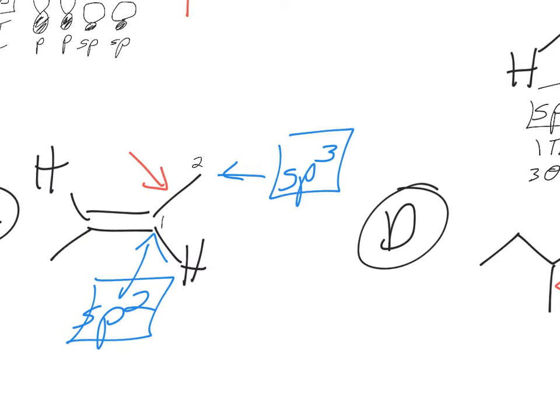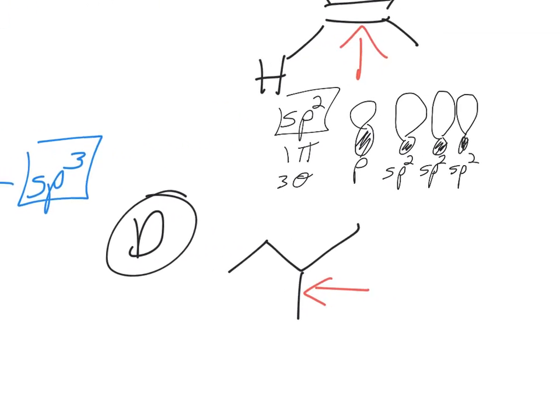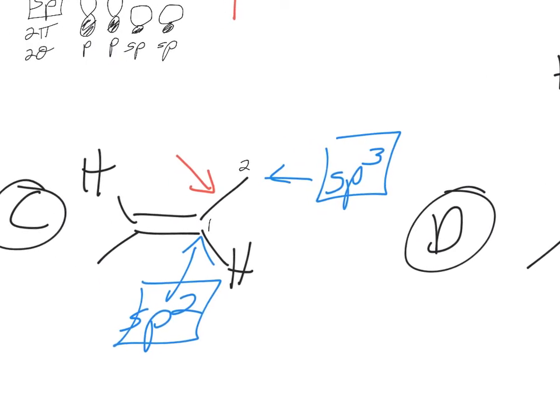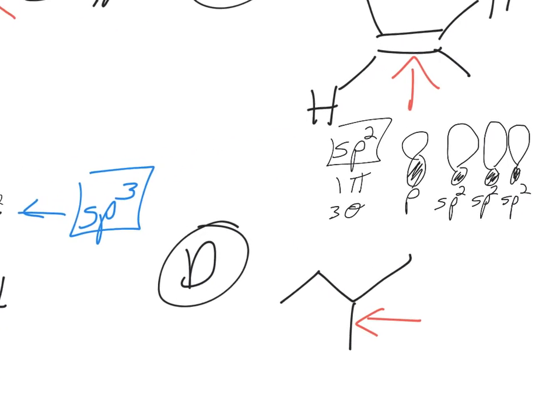And what do the sp2 orbitals do in bonding? What kind of bonds do these sp2 orbitals form? Sigma bonds. Okay. What hybrid orbitals are involved from carbon 1 in this sigma bond? It has to be sp2, right? If you're sp2 hybridized, you use sp2s to make sigma bonds.